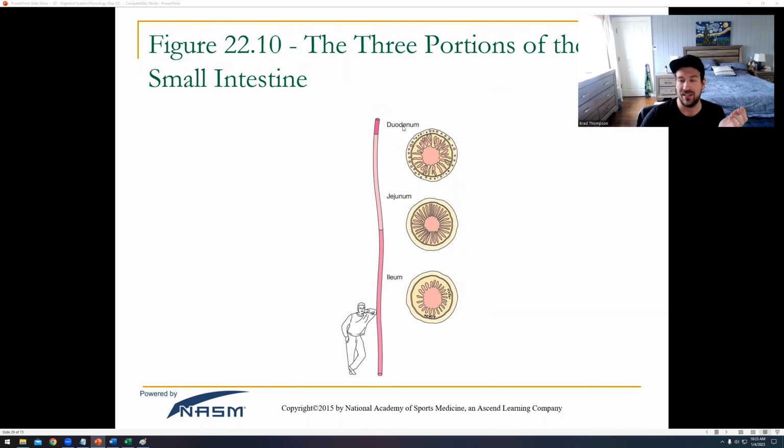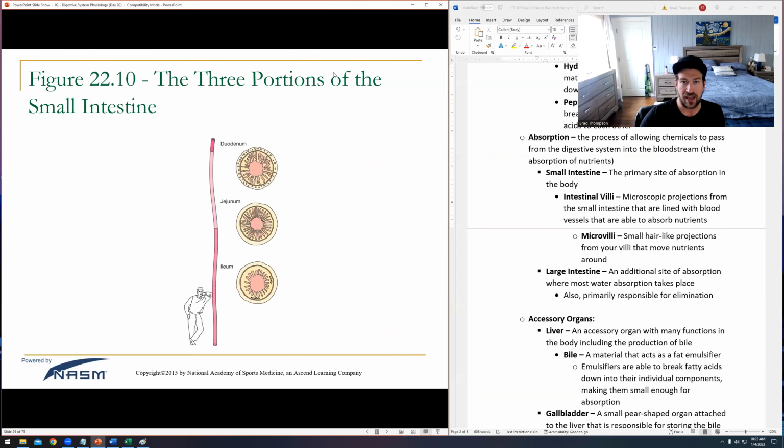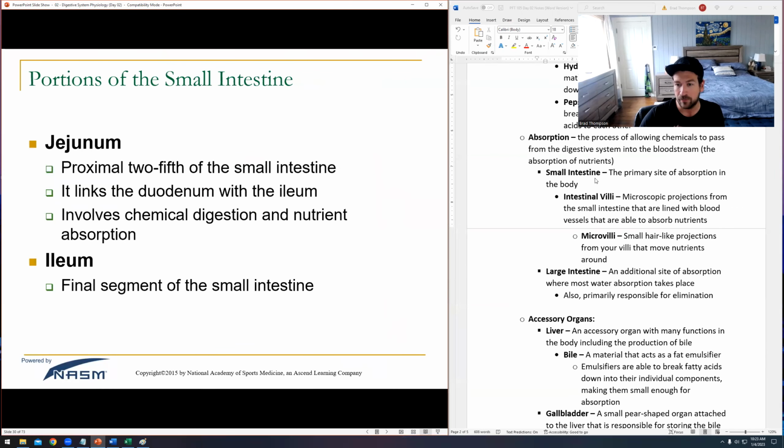So we wait until we get to the small intestine, and that's where we actually finish off fats. We're going to talk about that in just a second. But the primary site for absorption is going to be the jejunum here and the ileum. Then eventually the ileum will attach to your large intestine, which will finish everything out, and that's where you're going to absorb all your water.